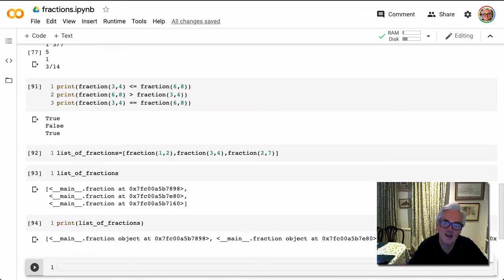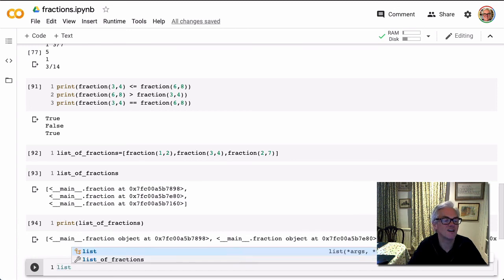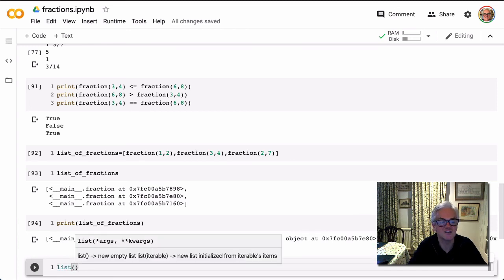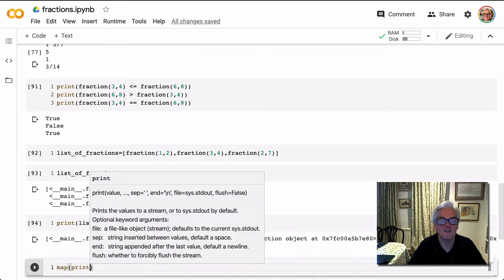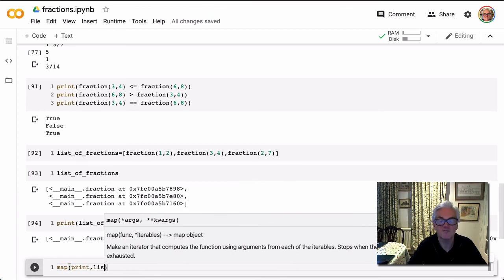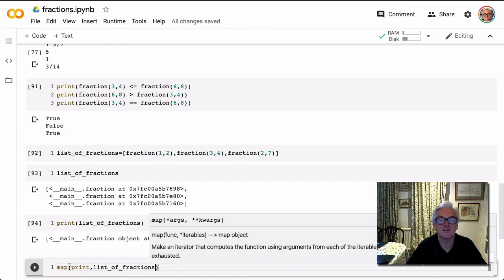Remember, we need to apply the print function to each of those in turn. Now we've got a way of doing that, which is using a higher order function here. So what I can do is map my print statement to all of the things in that list of fractions. Oops, list of fractions.